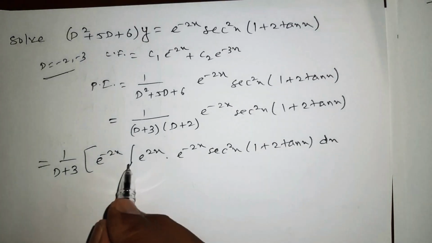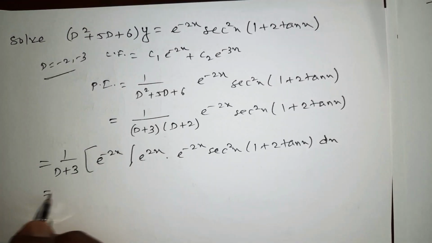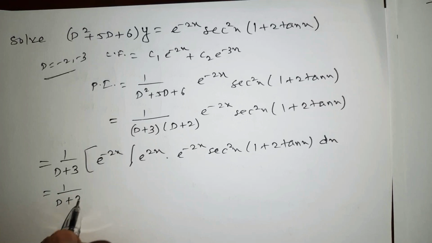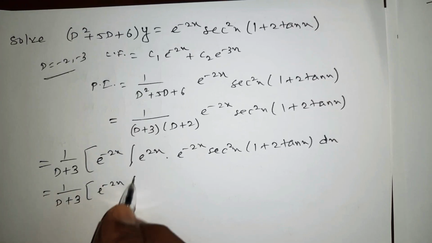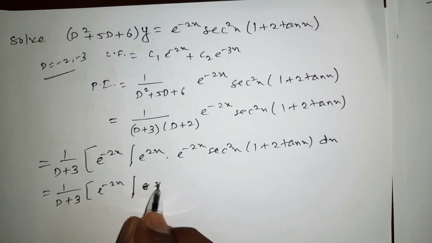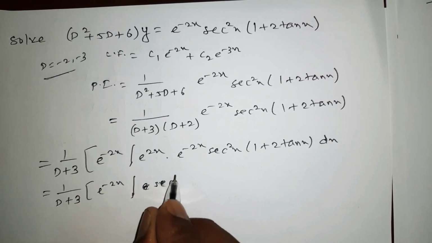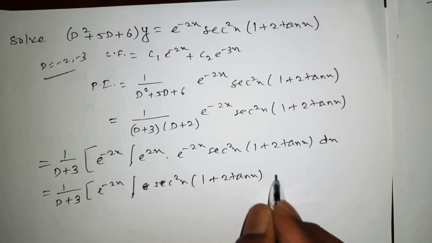Here e raised to 2x and e raised to minus 2x get cancelled. So what remains? 1 upon D plus 3 e raised to minus 2x integration of secant square x into 1 plus 2 tan x dx.